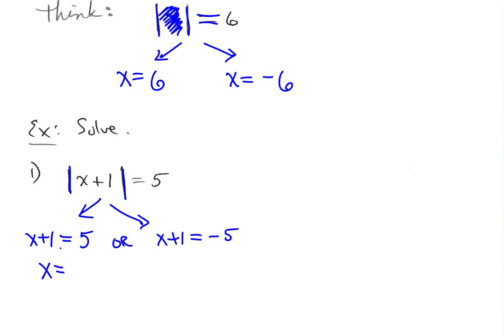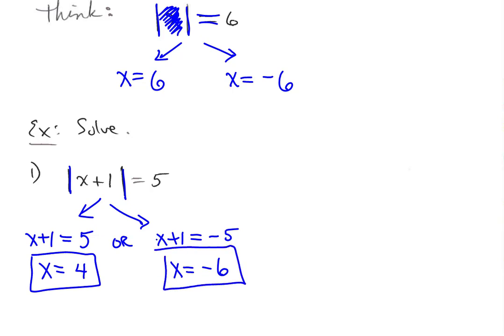So if we simply subtract 1 from both sides in the left version of this, we'll have x equals 4. Or on the right side, same thing, subtract 1 from both sides. That would give us x equals negative 6. Turns out both of those are valid answers or solutions to this equation, because if you plugged either one of them in for x, this equation would indeed be true, even though it has this absolute value.